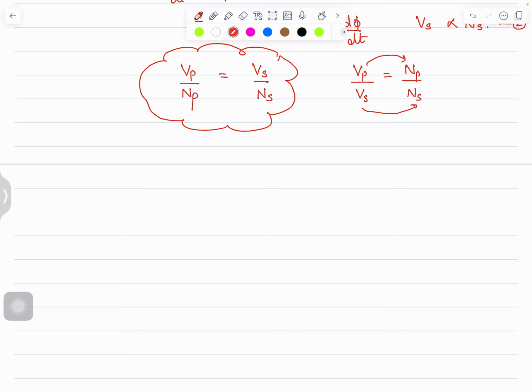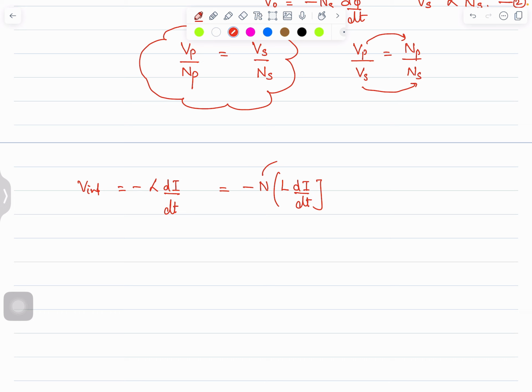We know V induced equals negative L di over dt. Yes or no? Or if I use the number of turns, can I say negative N times L di over dt. So from this equation, I and N are both in the same way.